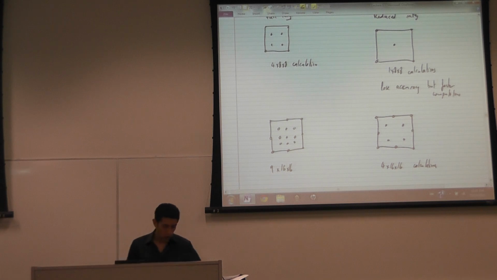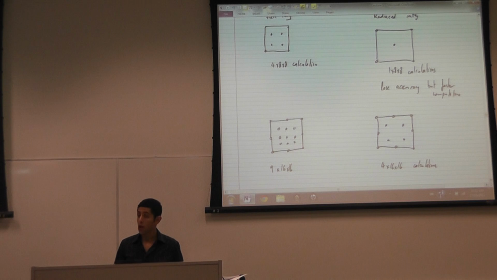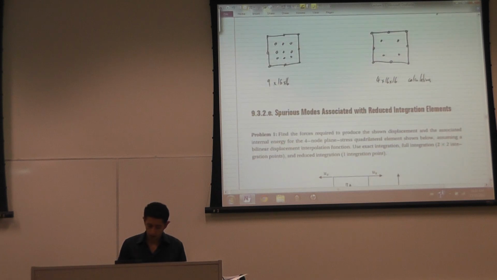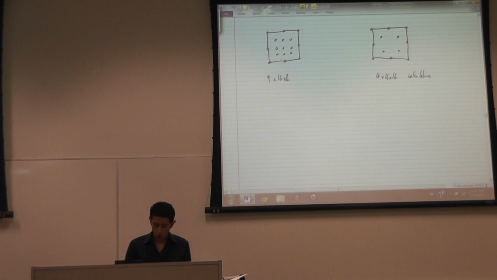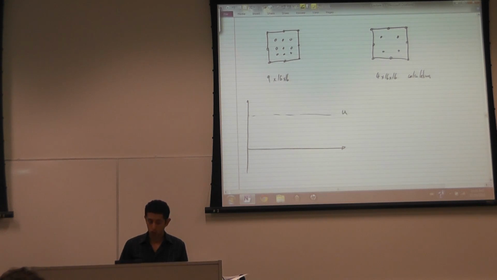So this is what you need to do for the next assignment. You have to now click on reduced integration and see what happens. So what are you going to notice? You should notice that this is the solution that you're looking for, and this is the number of elements.